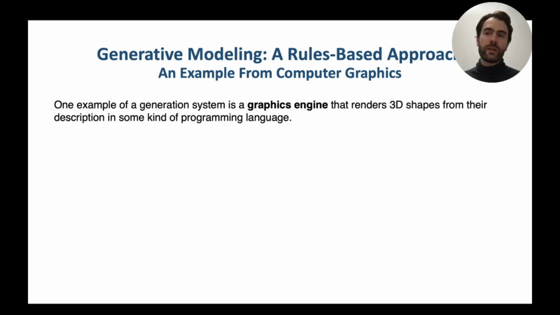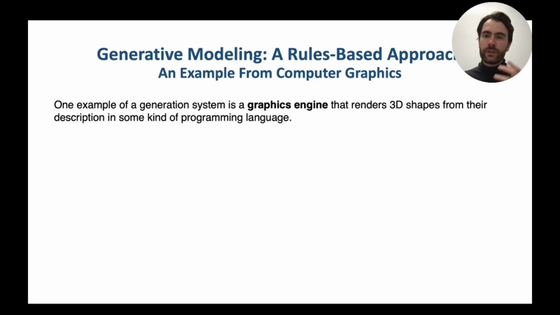So perhaps the Unreal Engine, or the Atari engine for rendering simple 2D Atari games. Pick your favorite graphics engine. I would call this an instance of a different approach to generation, which I'm going to call the rules-based approach, and that will be very different from what we're going to study in this course.